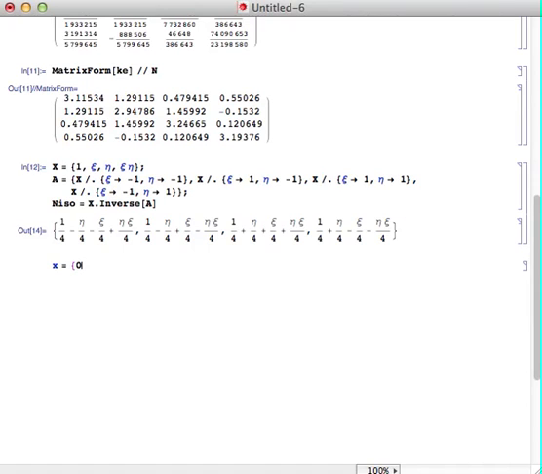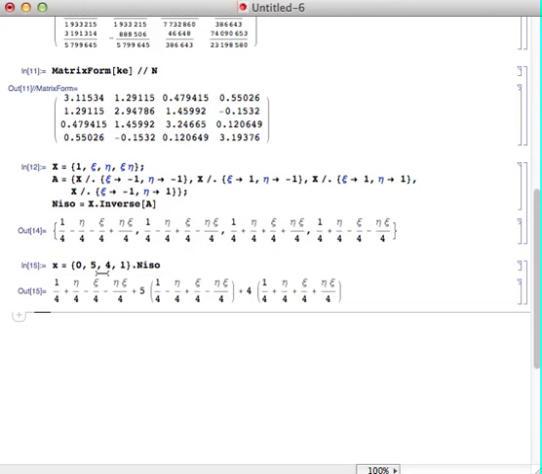So the first one has x at 0, the second node has x at 5, the third node has x at 4, and the fourth node has x at 1, right? And then we're just going to take the dot product with N iso. Okay, so that's what x is in terms of eta and xc.